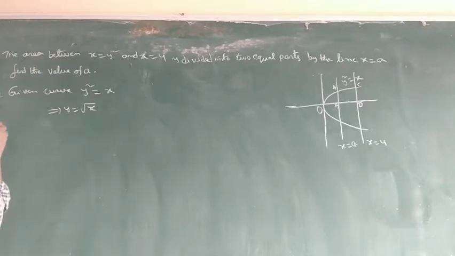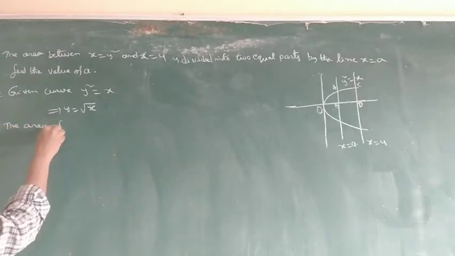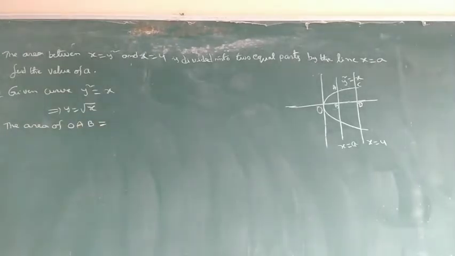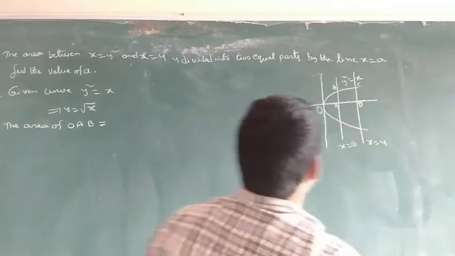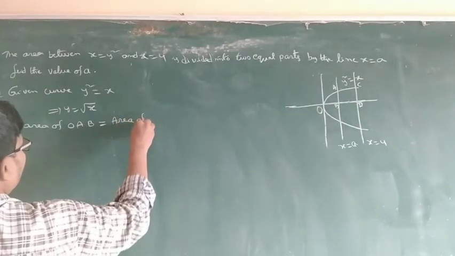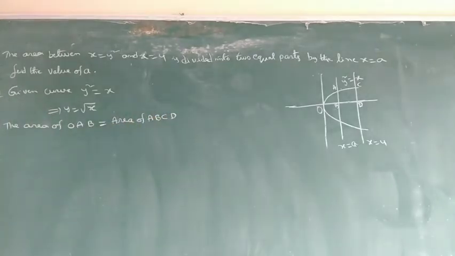So the area of OAB is equal to the area of ABCD.